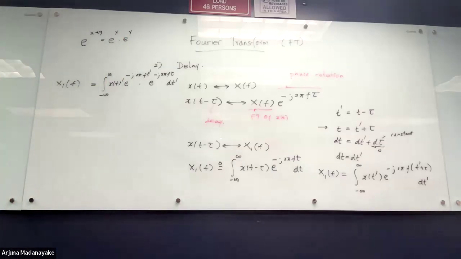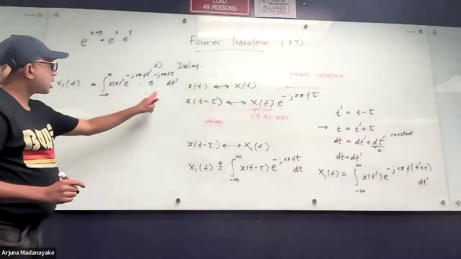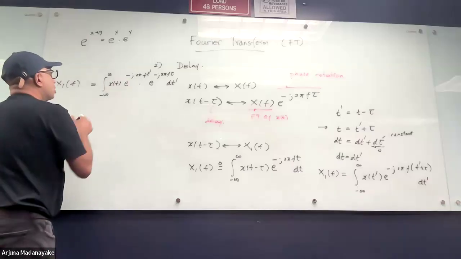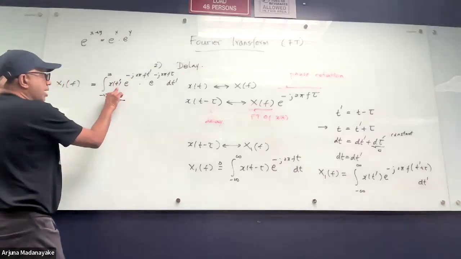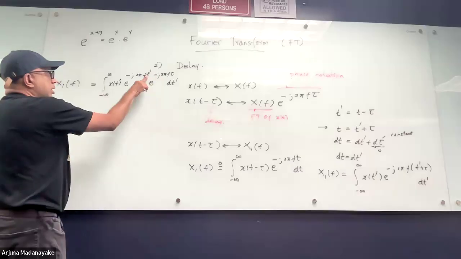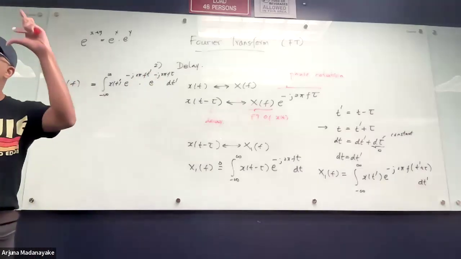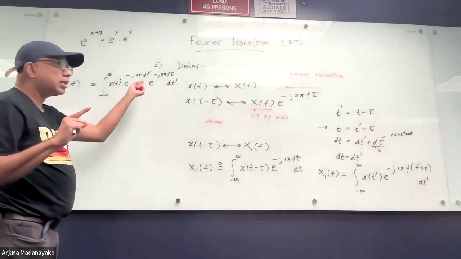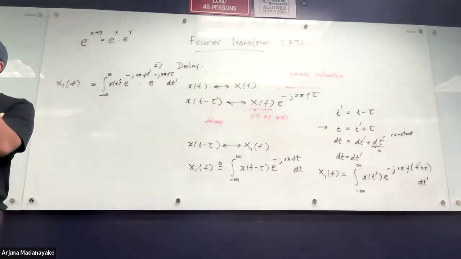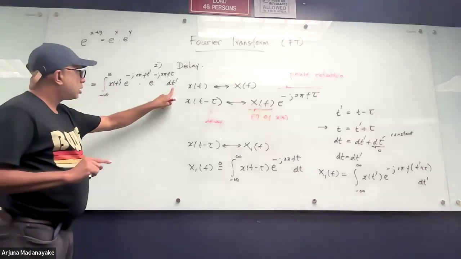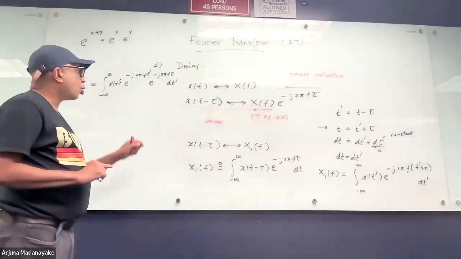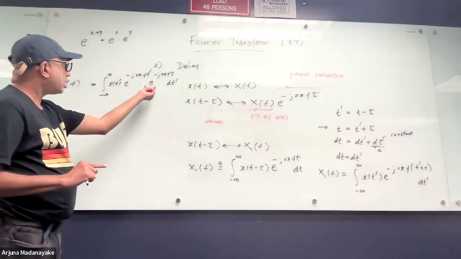Right. But notice that in this expression, the independent variable is now t dash. That's the variable. The tau component is just sitting there, but it's a constant as far as t dash is concerned. So it's like you have a constant here which can pop out.